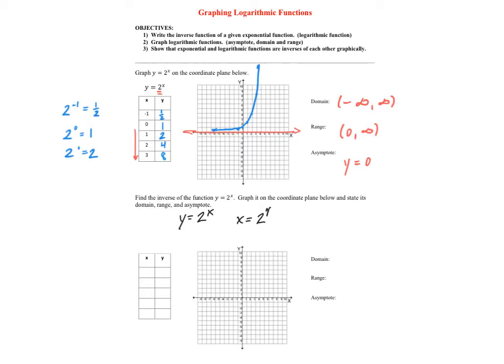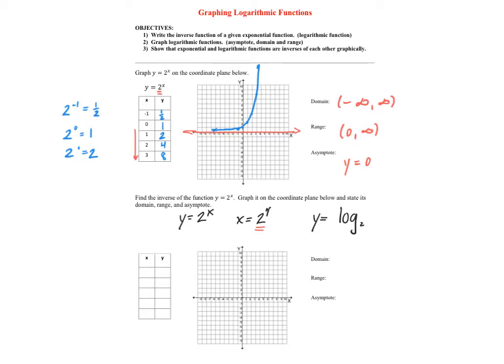We learned in the last section how to change an exponential equation into a logarithmic equation. So if I were to look at that, I can rewrite this as y equals, the base of my exponential equation becomes the base of my log. So y equals log base 2.